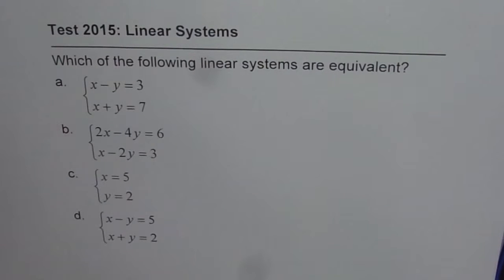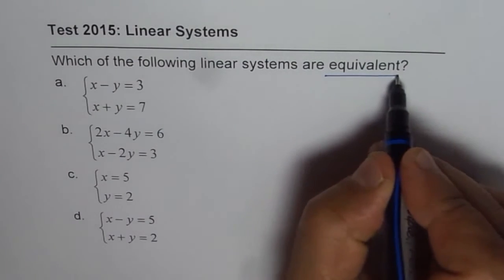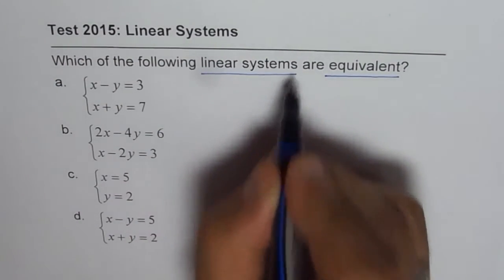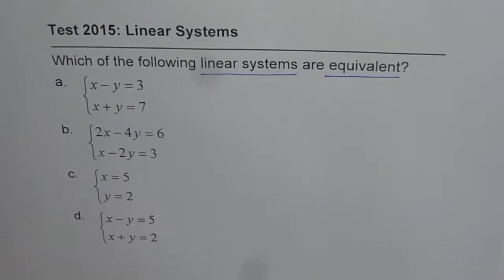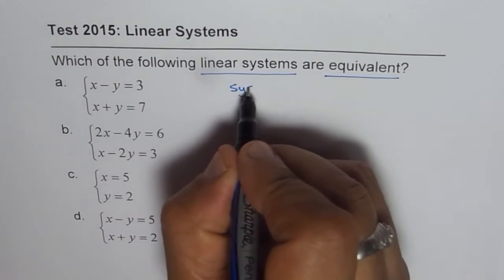Now, first question is, what is an equivalent linear system? So we have to first understand the term equivalent linear system. What does that mean? It really means systems which have the same solution.